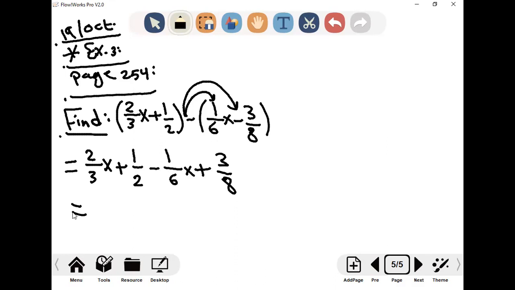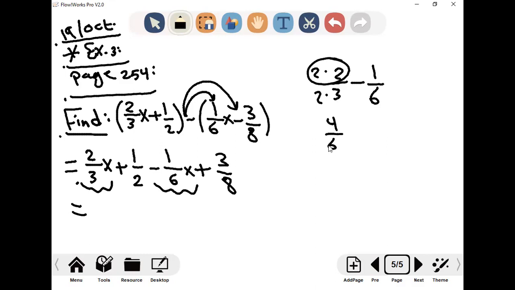Now, we combine the like terms. 2 over 3x with -1 over 6x. We take 2 over 3 and -1 over 6 and do them by a side, right? because they are fractions. So 2 over 3 minus what? Why minus? Because the 1 over 6 has a minus sign. Now do normal fractions. Here times 2 and here times what? 2. So up we have 4 over 6 minus 1 over 6 means 3 over 6.